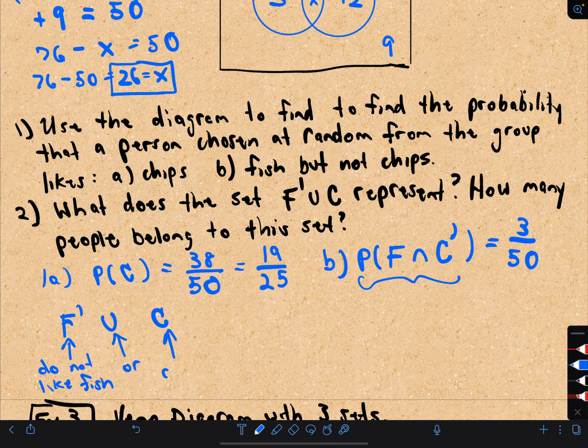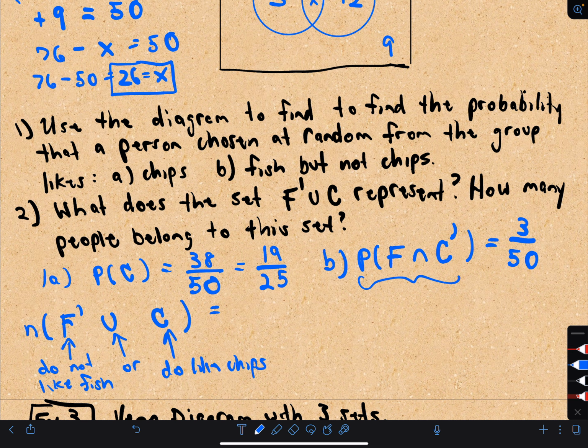C, they do like chips. So we're going to try to figure out what that set represents. If we want to talk about how many people belong to this set, we can write it in this notation. So we're looking at the set of people who do not like fish or do like chips.